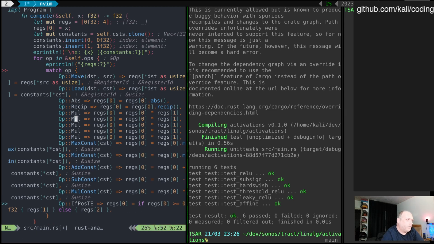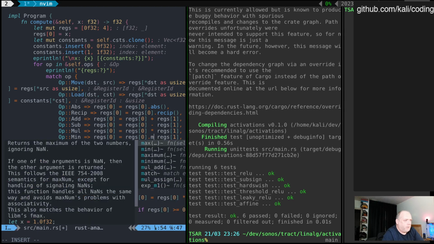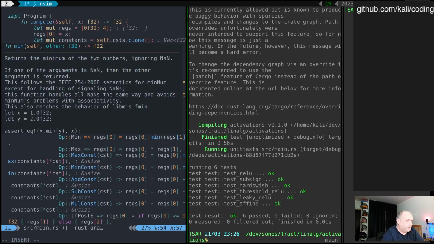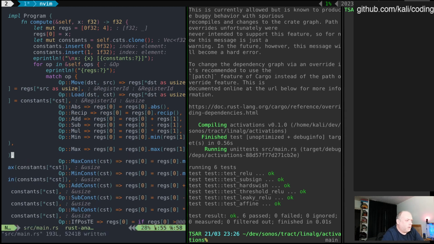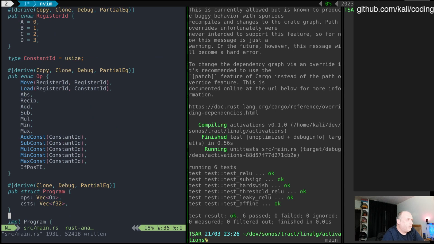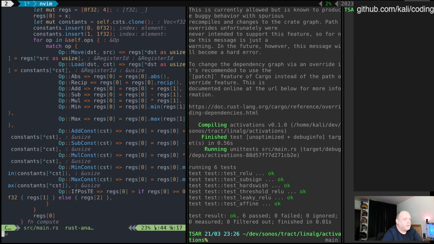So we have add, sub, mul, min, max. Then we have add, sub, mul, min, max with constants. I just need to put them in the right order. So we no longer need the panic because now we have a full implementation.